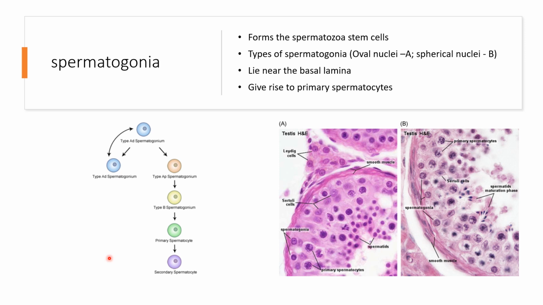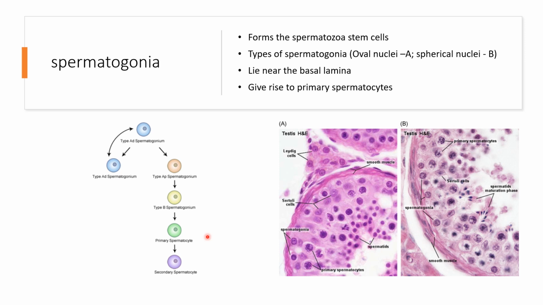When they divide by mitotic division, they form more of the type A dark cells, and very few of the type A light. Those called type A dark stain dark, and those called type A light stain light. We also have the type B spermatogonium.